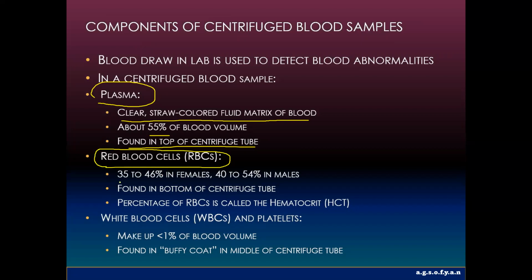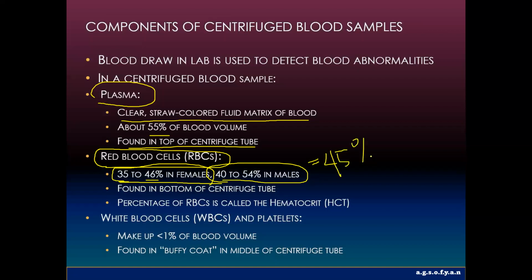Normal values for healthy people: for females, this part should be around 35 to 46%. That's the normal or healthy concentration for females. For males, around 40 to 54%. So the average is 45%.